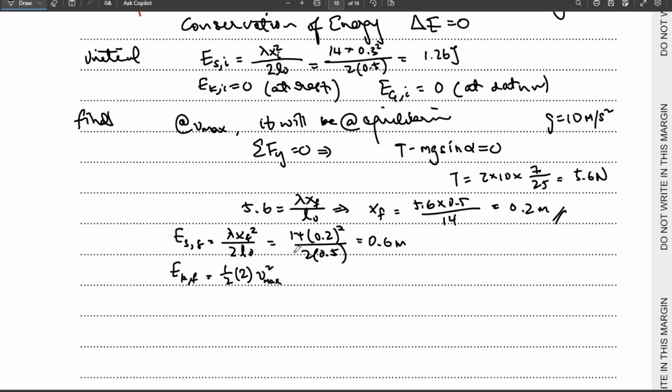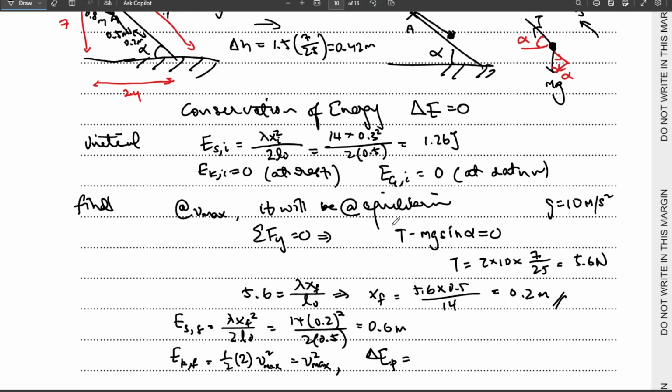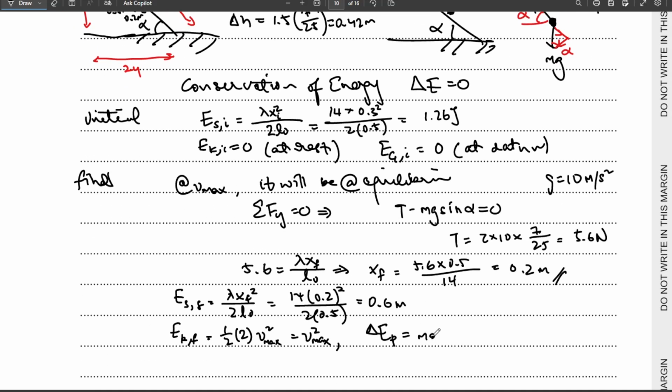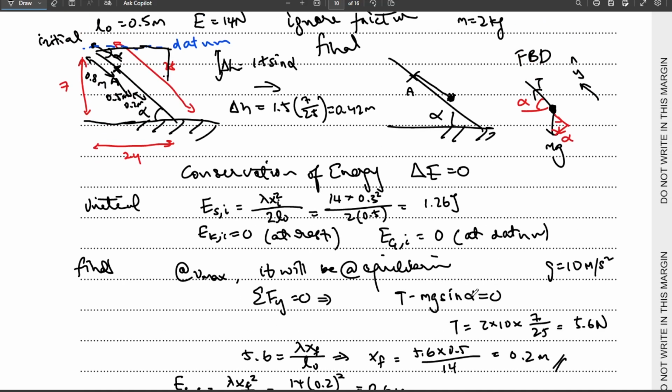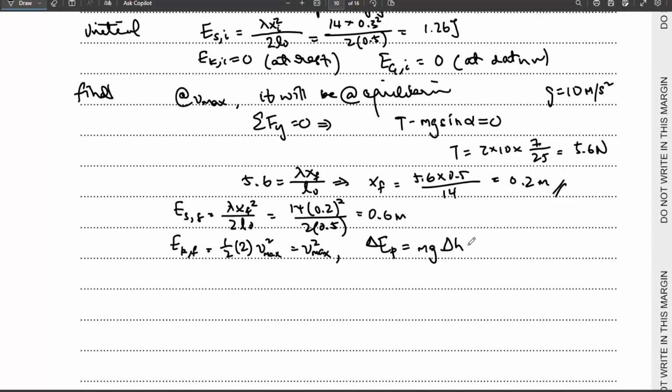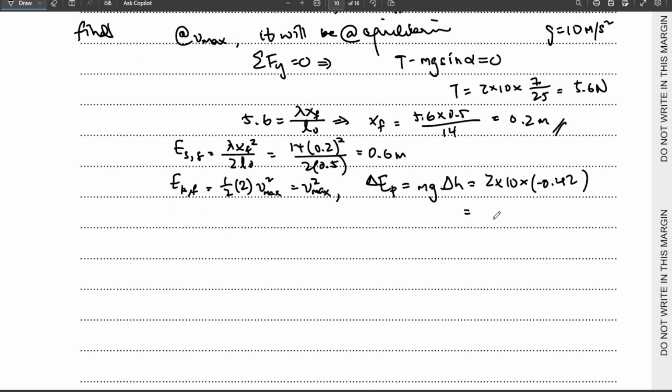At this point it will be v max. It will just be v squared after simplification. And we also have the change of gravitational potential energy, which is just mg delta h. Since it's a negative change of height, you get a negative value: negative 8.4 joules.